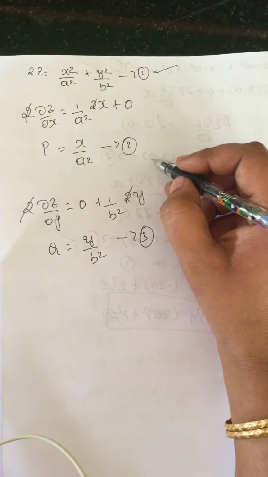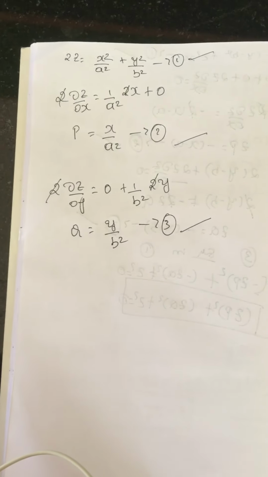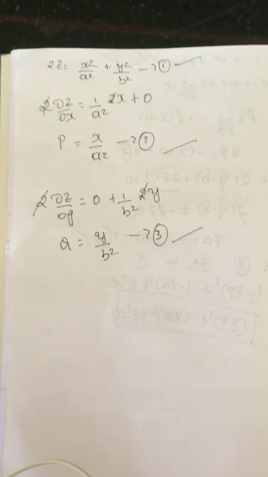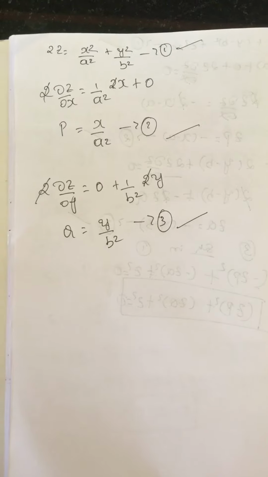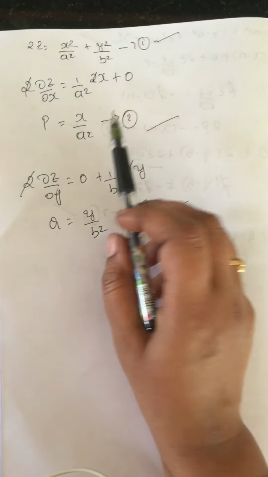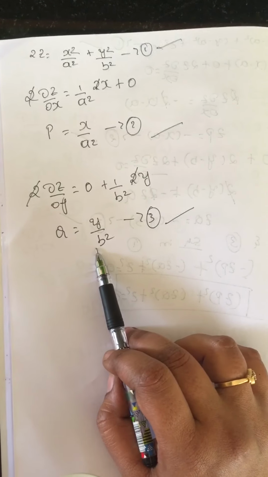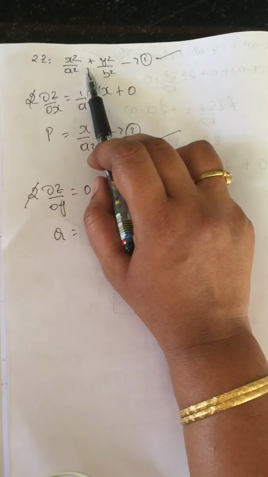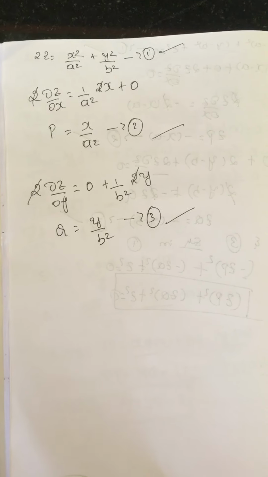Now, using these 3 equations, is it possible to eliminate the arbitrary constants? In this problem, we need to eliminate the a and b values. Is it possible? Yes. Using this equation, first find the a square value. Using this equation, find the b square value. These two values are substituted in equation 1. So, it is easy to remove the arbitrary constants.